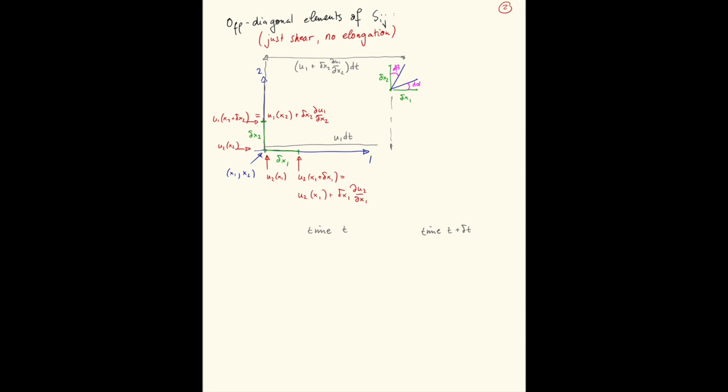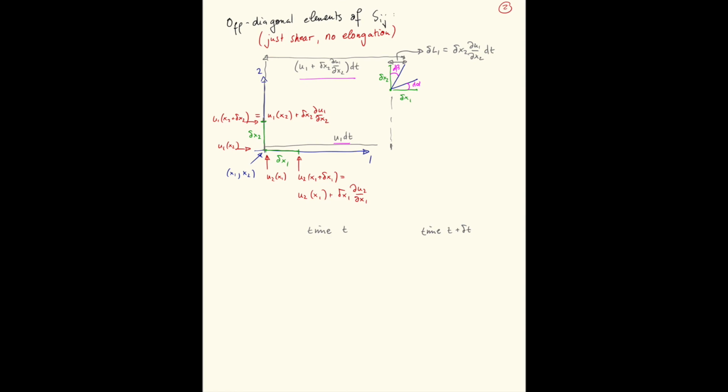So the length of displacement here, delta L1, is just the difference between these two. And you will see that that difference is just delta x2 du1 dx2 times dt.